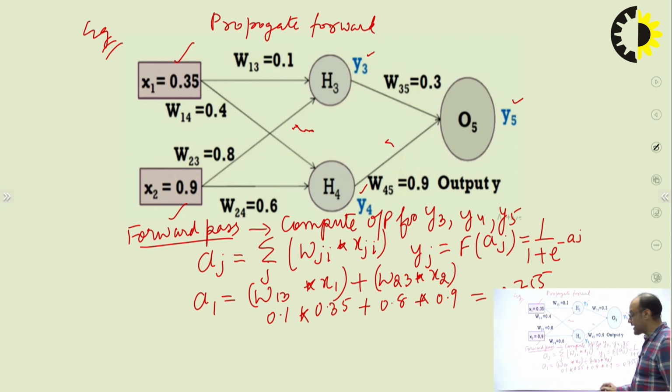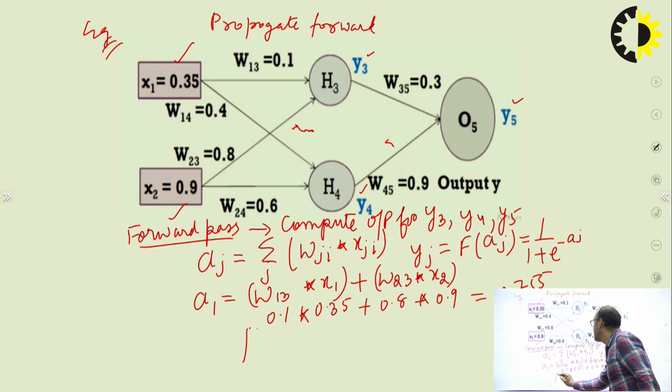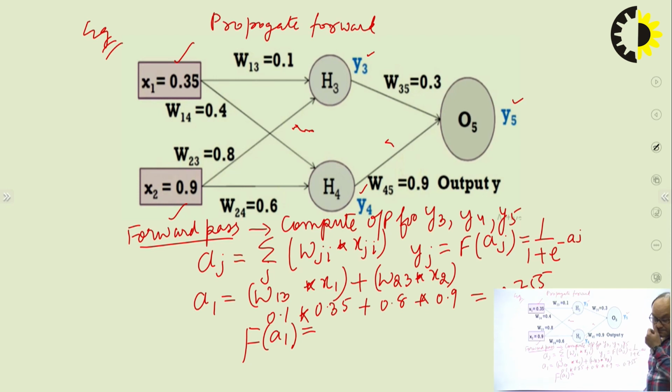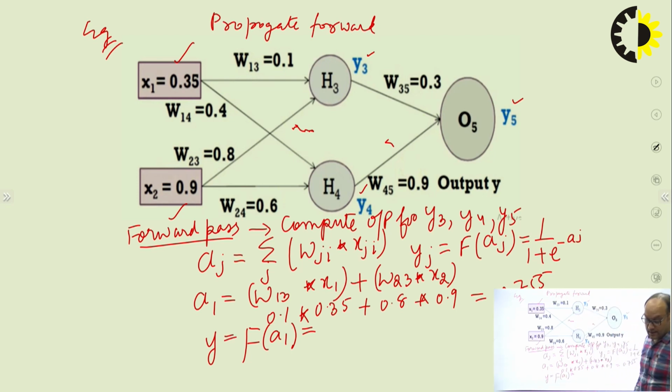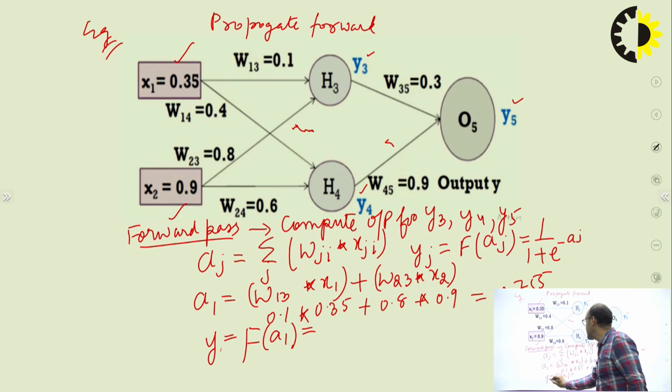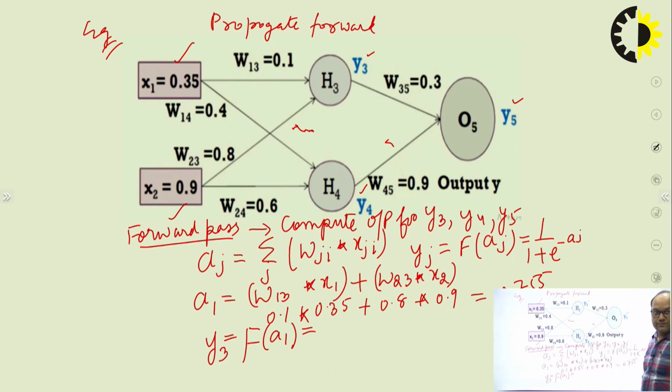Now we will apply the activation function here, right. So applying activation function f of a1, yj activation function है ना. So using this activation function I will just calculate y3 here. So it will be calculated using activation function f.